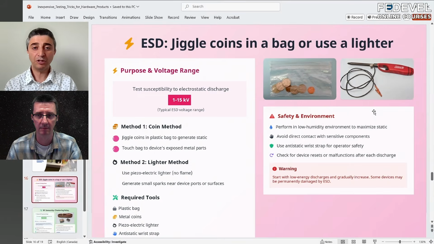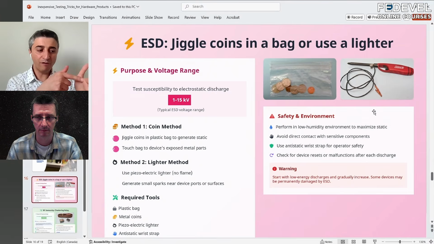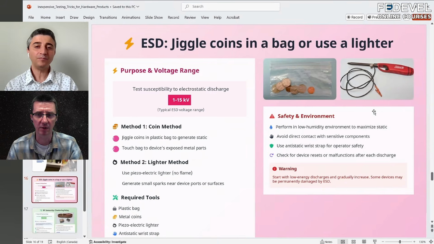As you mentioned, Robert, there's a setup for it. There might also be a plate or a sheet of metal, you apply the discharger to it, and your product is closer, and there has to be a certain distance. The IEC standard does define this, it's on the internet, I think.